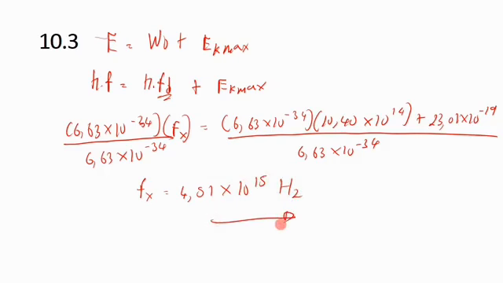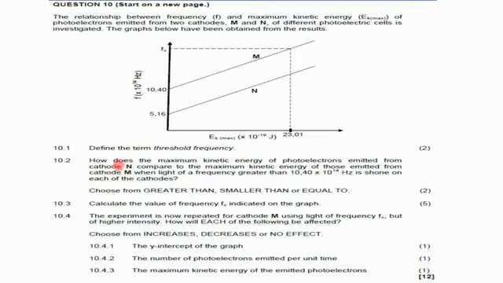And there you go. Okay, so we have 10.4, it says the experiment is now repeated for cathode M using light of frequency fx but of higher intensity. So remember, we said intensity relates to the brightness or the power of the light, right? Then how will each of the following be affected?